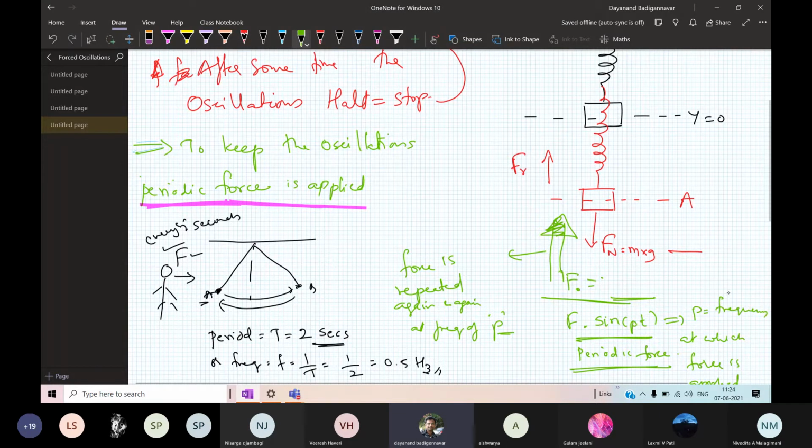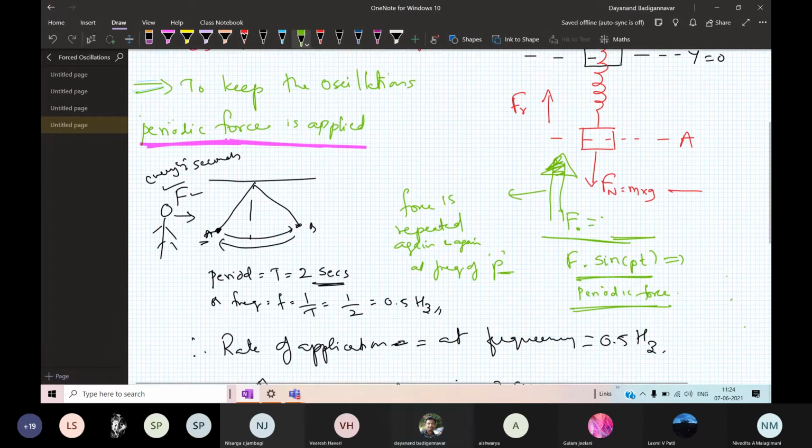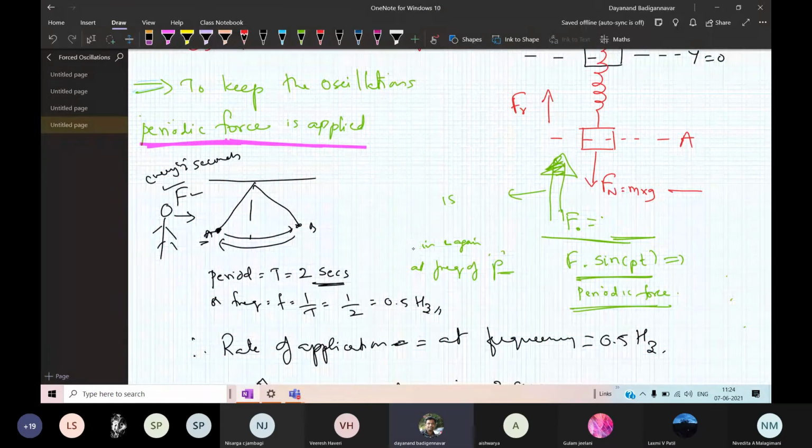Okay, so I will write it here because it's eating up the page later on. What is this P?